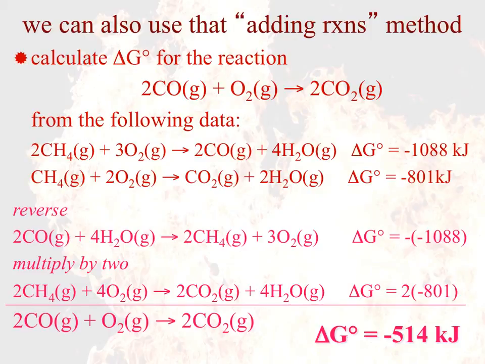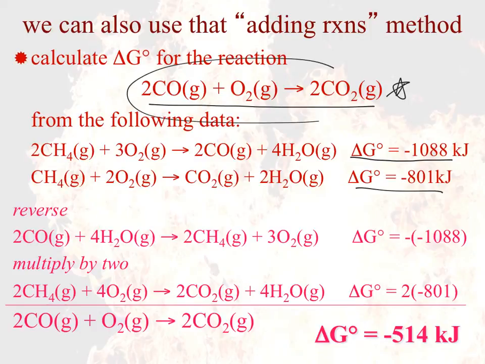Okay, we could also use the method of adding reactions to calculate our delta G. If we know our overall reaction that we're looking for, and if we have reaction steps that will in fact sum to the overall equation and their corresponding delta G values, we can basically use the Hess's law approach to calculate these values. Okay, so remember that we want to get the overall equation from these individual steps.